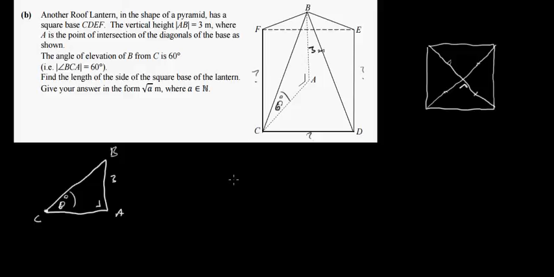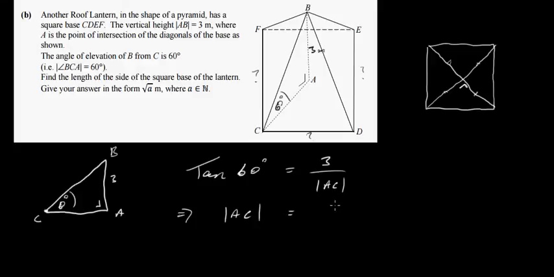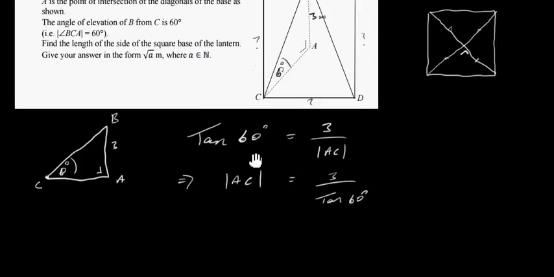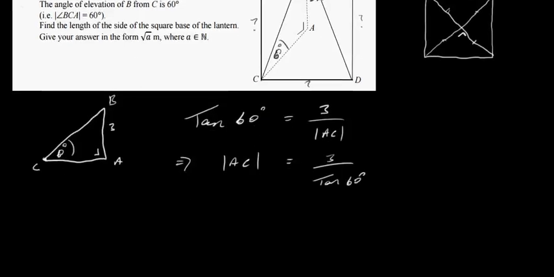Well, to find CA again, I'm just going to use tan 60 degrees is equal to 3 over the distance AC. So that will give me the distance AC is just going to be equal to 3 over tan 60 degrees. And remember, our answer needs to be in the form square root of A, so I'm going to leave anything I get in surd form if possible.